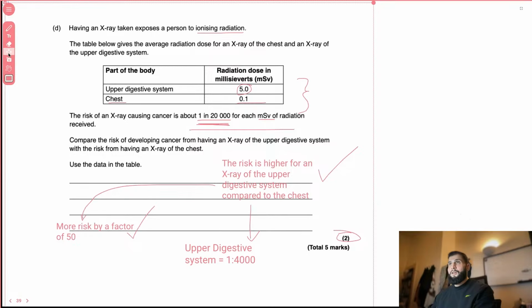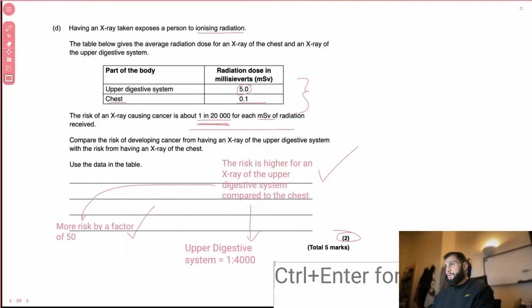Okay? For chest, that gives us a what? 1 in 200,000. Because it's only 0.1 for chest.